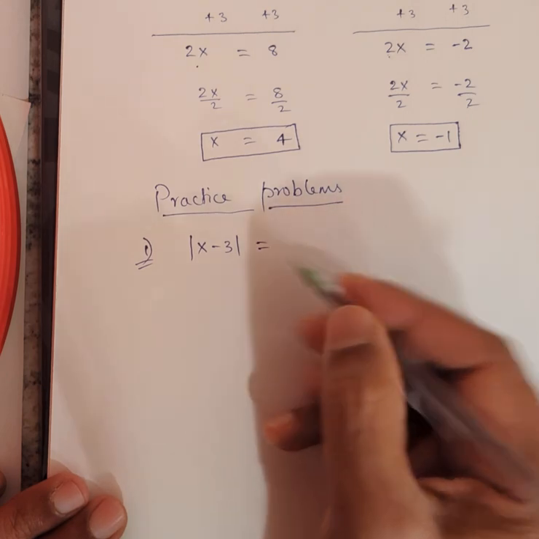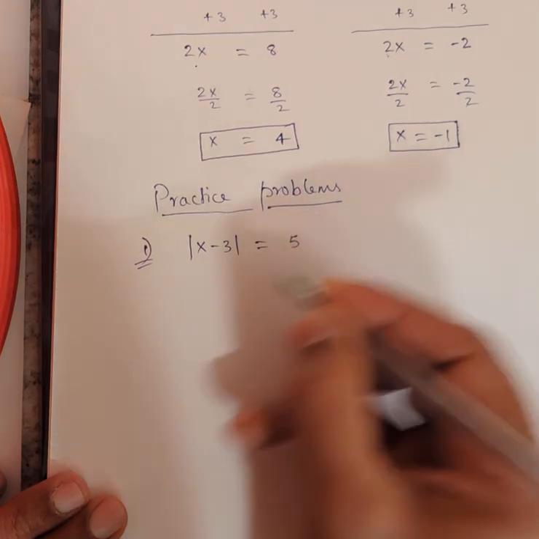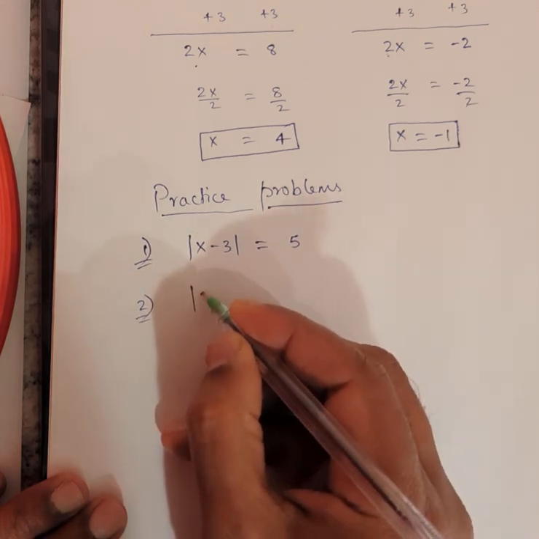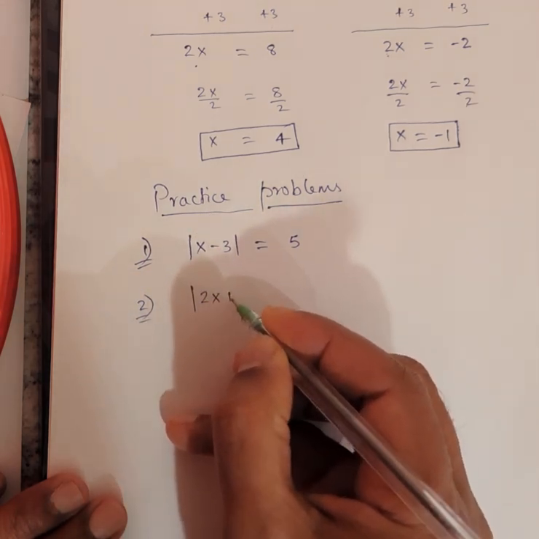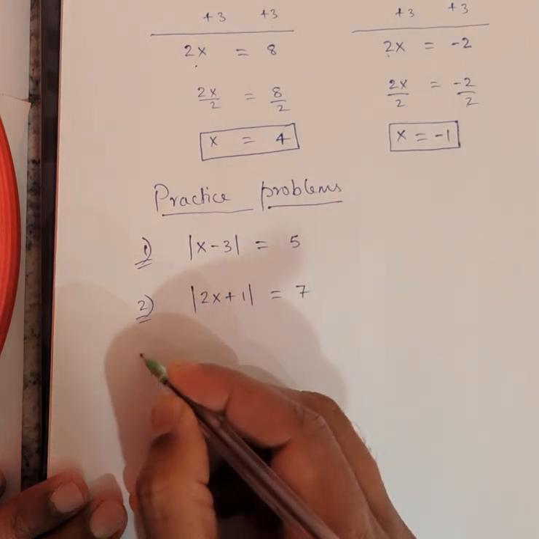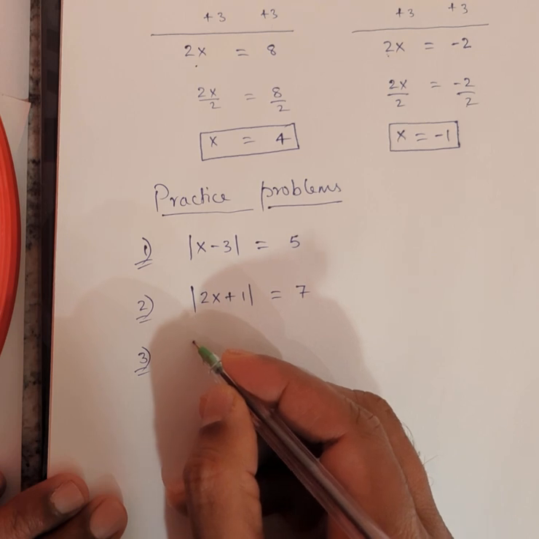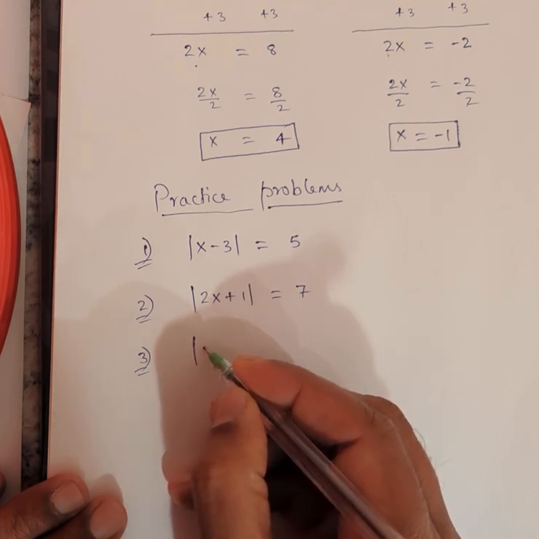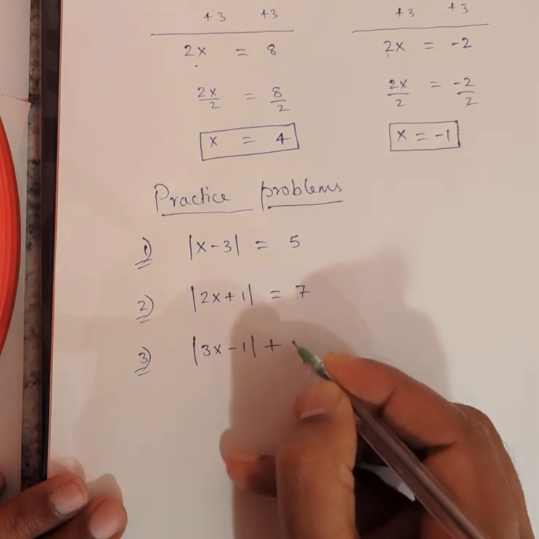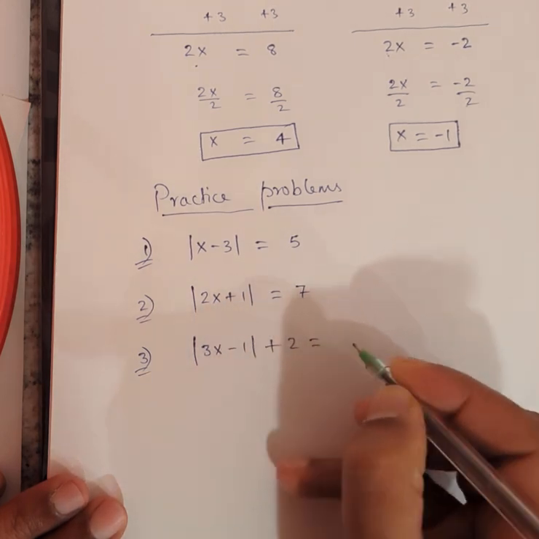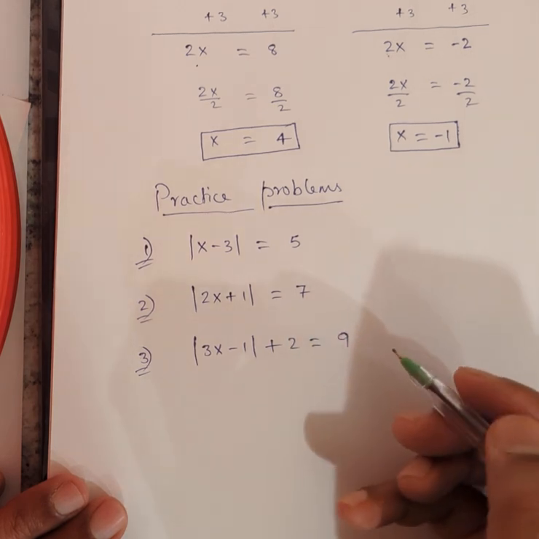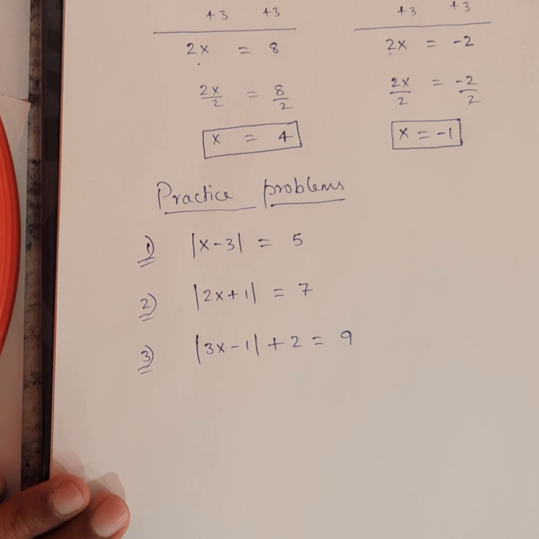Absolute value of x minus 3 equal to 5. And let's say you have absolute value of 2x plus 1 equal to 7. And then I'll say absolute value of 3x minus 1 plus 2 is equal to 9. So you may get fractions in your answer.